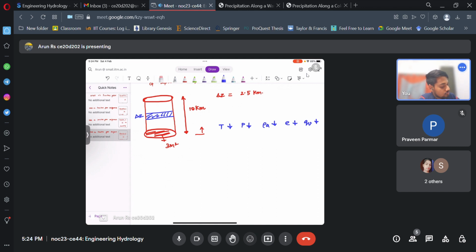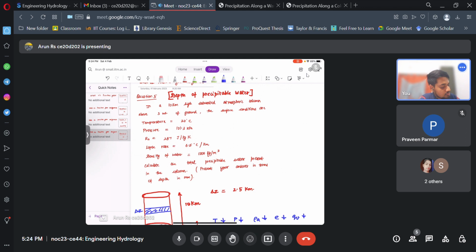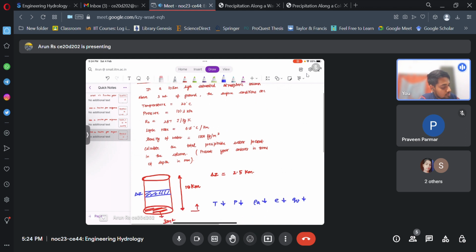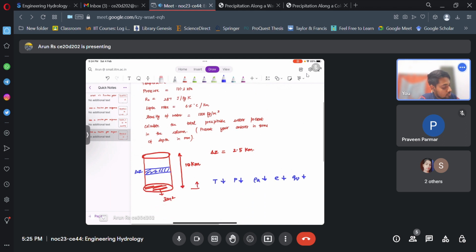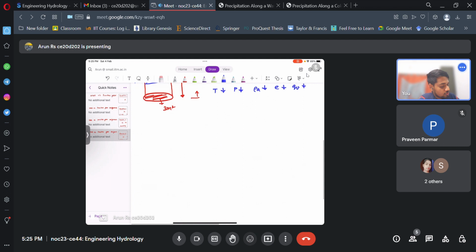We are provided with the information of the ground only, so we need to determine the parameters at each delta Z which we are going to consider. For that I am going to draw a table.